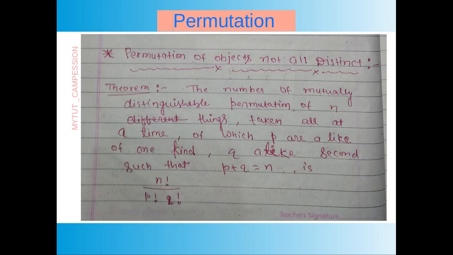This is your homework, the previous question. Now talking about permutation of objects not all distinct. Theorem: the number of mutually distinguishable permutations of n things taken all at a time, of which p are alike of one kind and q alike of a second kind, such that p plus q equals n.